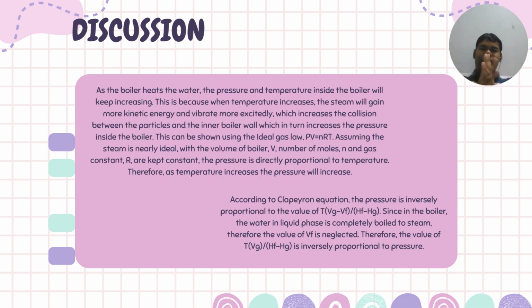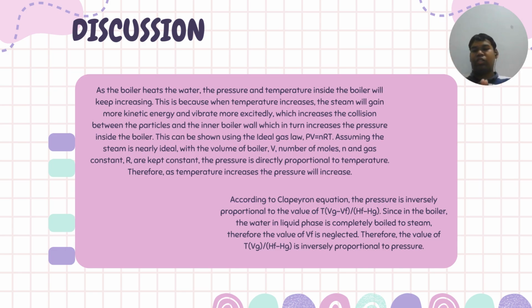For our discussion, we can observe that as the boiler heats the water, the pressure and temperature inside the boiler will keep increasing. This is because when the temperature increases, the steam gains more kinetic energy and vibrates more excitedly, which increases the collisions between the particles and the inner boiler wall, which in turn increases the pressure inside the boiler.